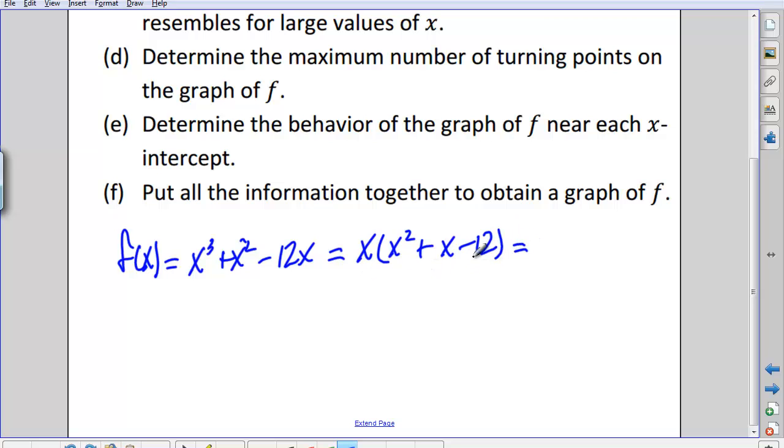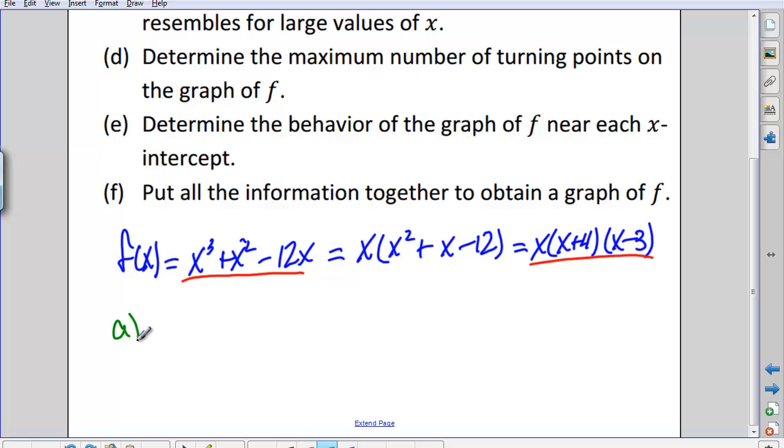And then two numbers that multiply to negative 12 and add to 1. How about x plus 4 times x minus 3? So my function, we can factor that and get x times x plus 4 times x minus 3. And you'll see why that's helpful here in a moment, to have both of these forms.